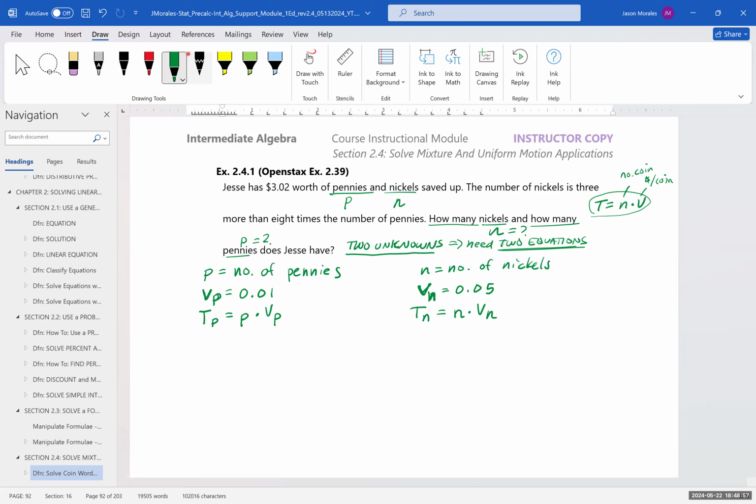All right, so let's see here. Now we see this relationship up here that Jesse has $3.02 worth of both pennies and nickels together. So we need to start thinking about adding pennies and nickels together. How do we do it? We could think of the total amount of pennies and nickels as the total of pennies plus the total of nickels.